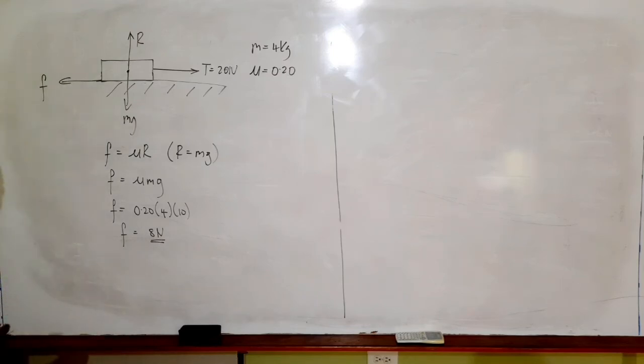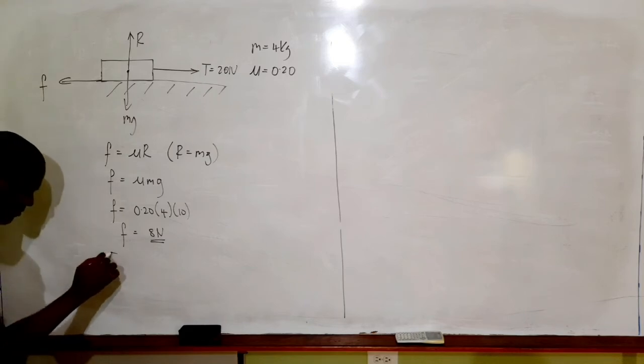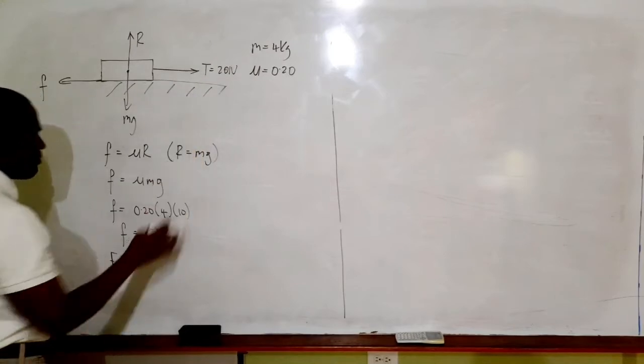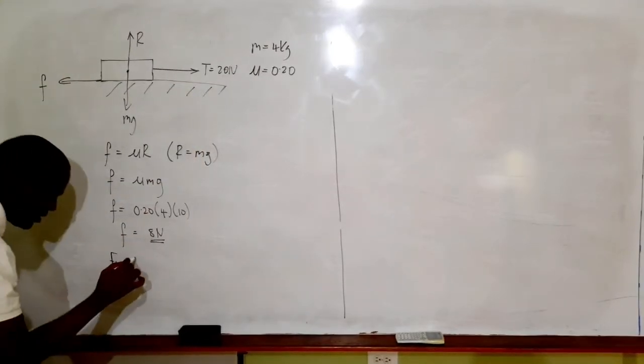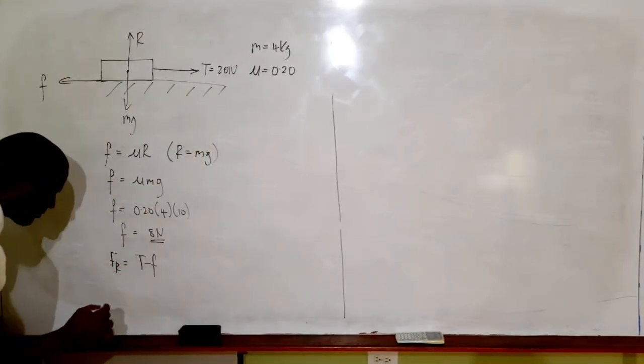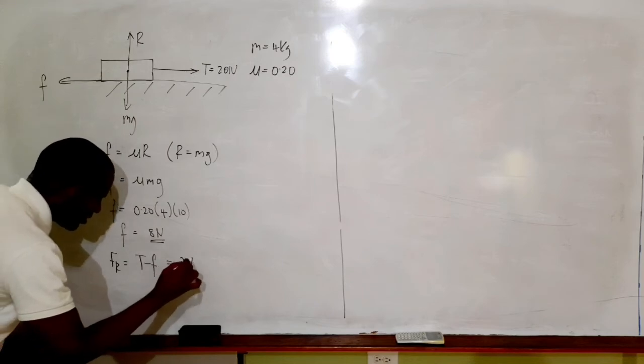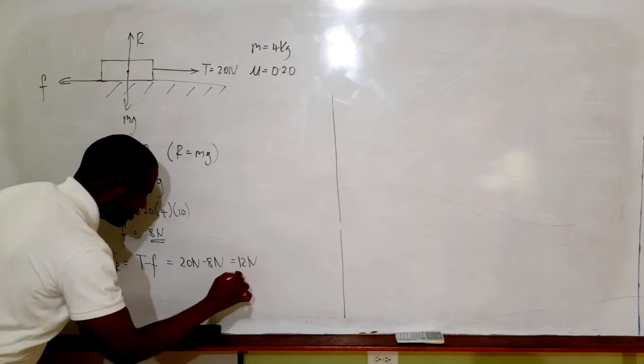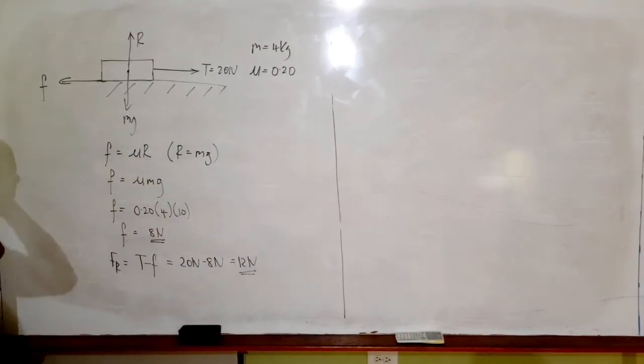Therefore, the resultant force Fr is equal to the tension minus the friction, T minus F. That gives us 20 newtons minus 8 newtons, which is equal to 12 newtons. So the resultant force acting on this particle is 12 newtons.